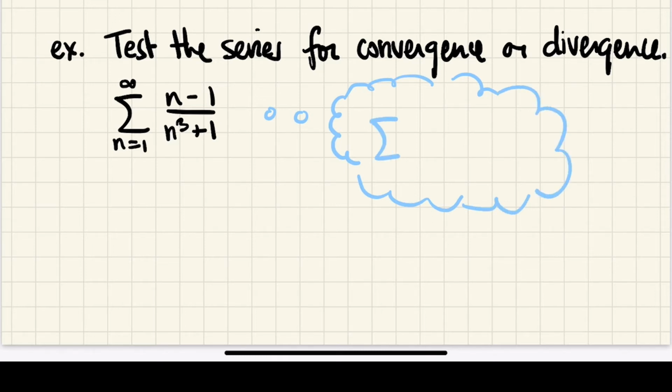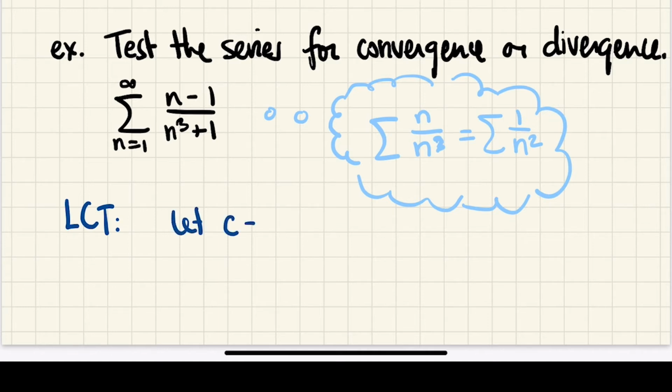Well, we clear away the clutter and take the leading term from the numerator and the leading term from the denominator, which is n over n cubed here, and that is 1 over n squared. So we know that this series is going to behave like 1 over n squared, which is a convergent p-series. So all we have to do is actually prove it.